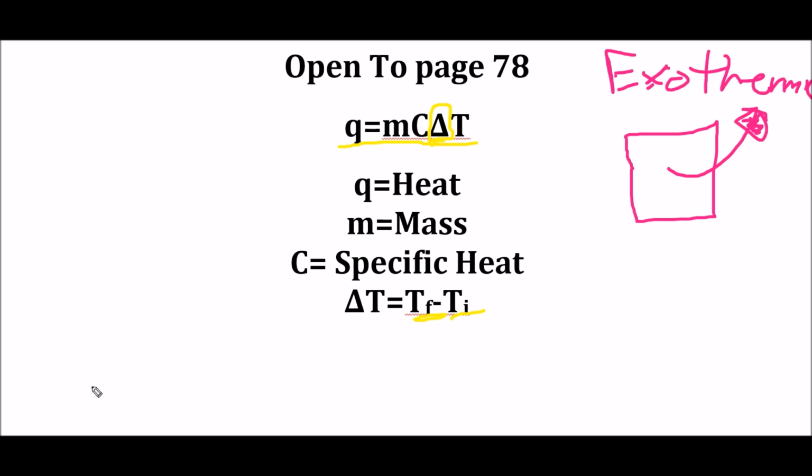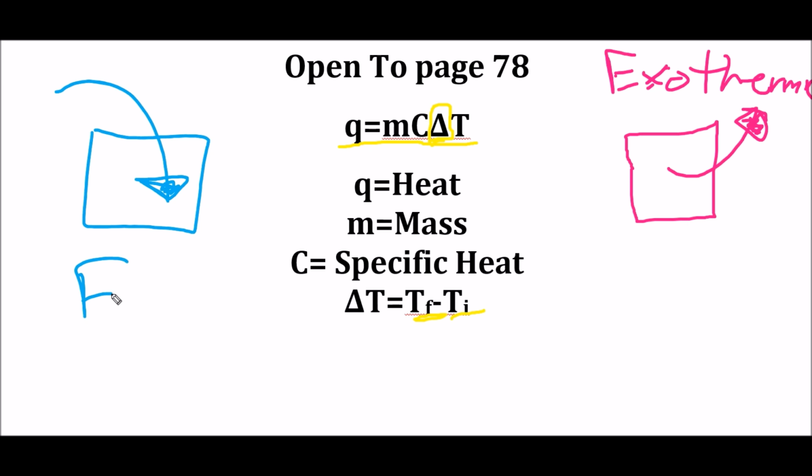Another type of thing we can have is where we have heat going into the system, and this is an endothermic reaction. So if heat is exiting a system, it's an exothermic reaction. If heat is going into a system, it's an endothermic reaction.